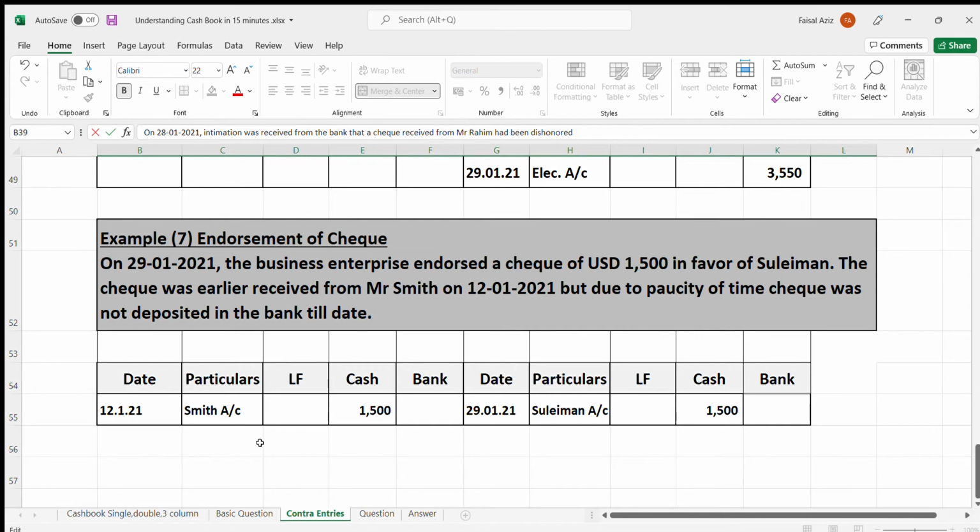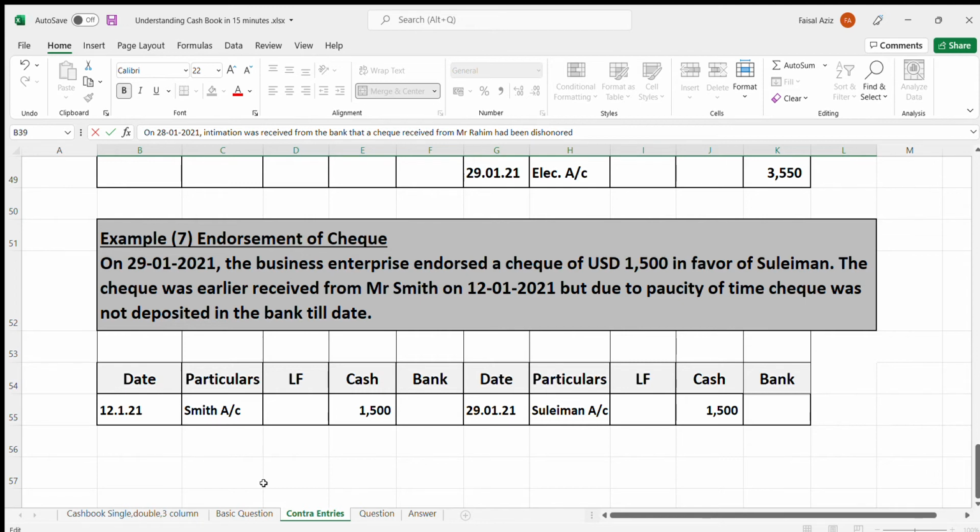Meaning, when the business had received this check from Mr. Smith, the business would have recorded this check as cash. As I said, when a business receives a check and the check is not deposited the same day in the bank account, or is deposited the next day, then we will have to treat this check as cash.